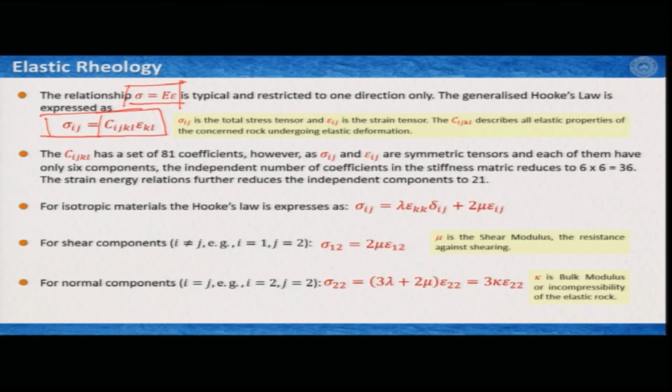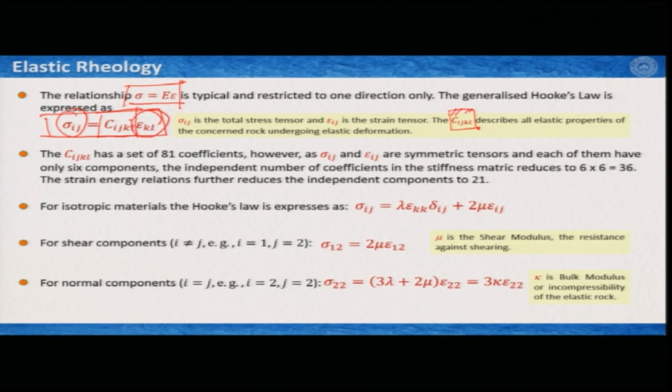Now, this term C ijkl describes all the elastic constants in one place. This is a matrix, stored in one matrix, and this is known as the stiffness matrix. Now, this stiffness matrix you can represent by 81 coefficients, simply because you have 9 components here and 9 components here.